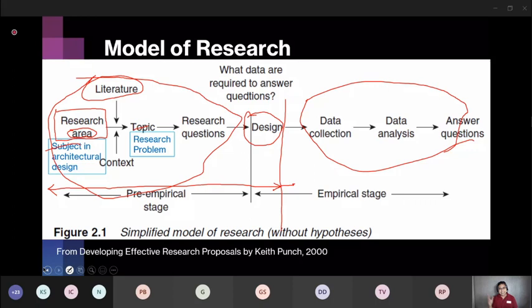Is it in a top university compared to a university that is not top, or is it in a university that has an entrance exam compared to a university that does not have? It makes a lot of difference because of the context, because of the situation.